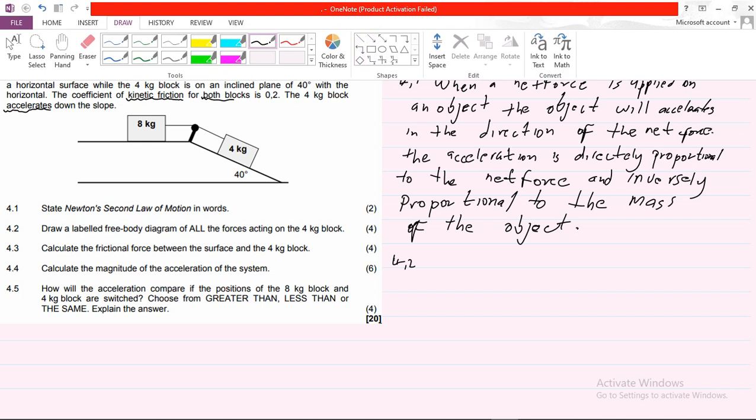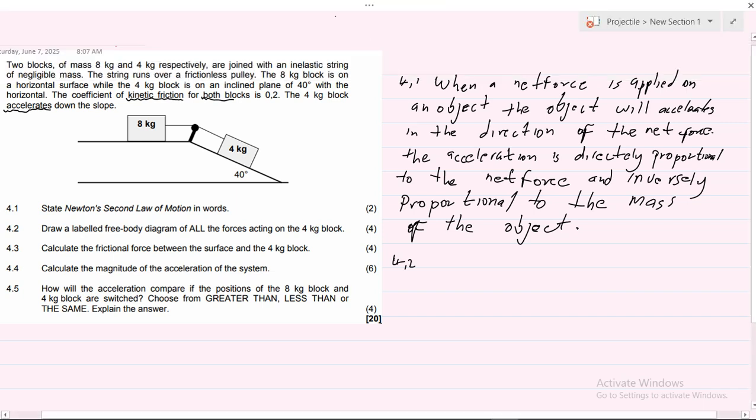So if it is an inclined plane, I usually do this in order for me to get my things right. So this is the inclined plane, and now I need the so-called ground level. This is the ground level.